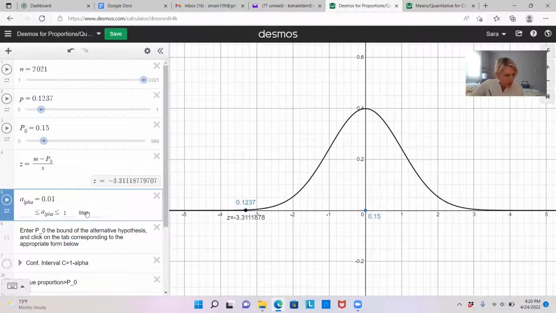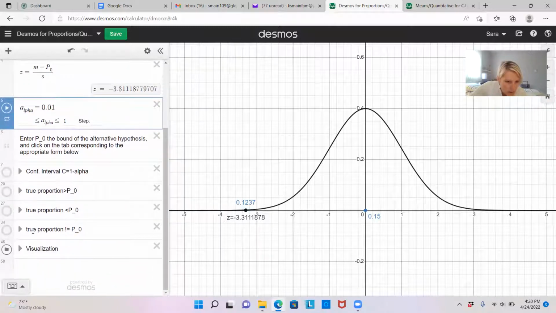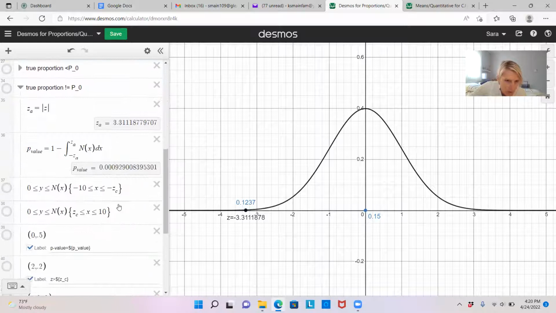And our p-value is quite small. We're choosing the not equal to down here, which you should actually just choose equal to. That's what we're checking. So our z-score is a negative 3.31, and the p-value is very small, 0.000929.